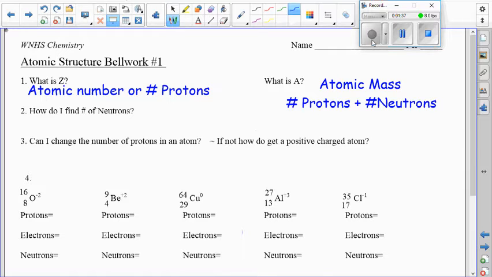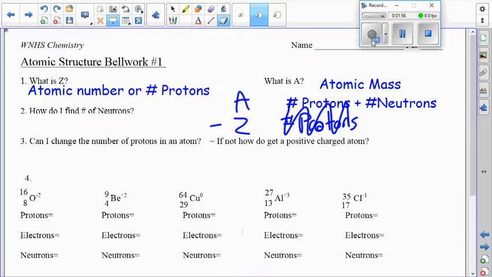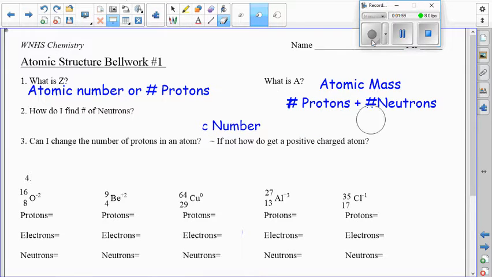If you think about it, A is the number of protons plus neutrons. If Z is just the number of protons, if I subtract these two, that will cancel out and that'll tell me how many neutrons I have, okay? Which makes sense. Protons and neutrons are the big pieces in the nucleus of an atom. So if you take away the protons, you'll be left with just the neutrons in terms of mass.